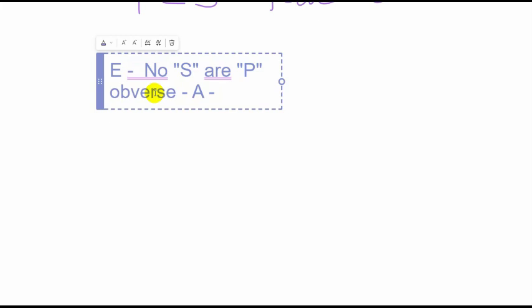A proposition states all. In obverse we don't interchange the subject and predicate, but replace the predicate with its complement. So: No S are non P.